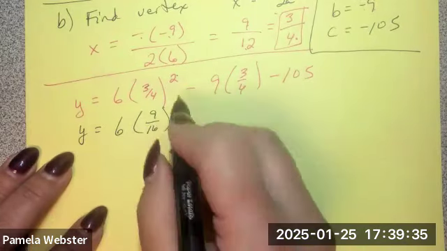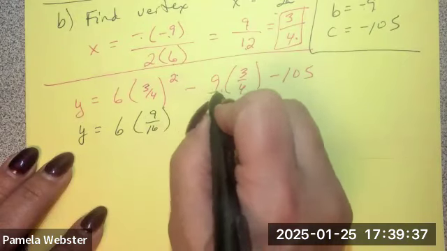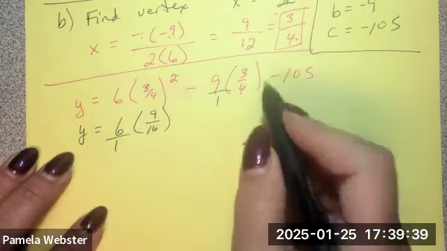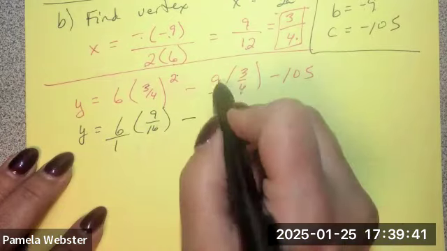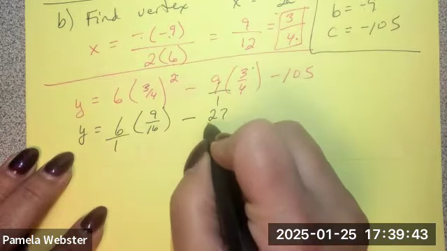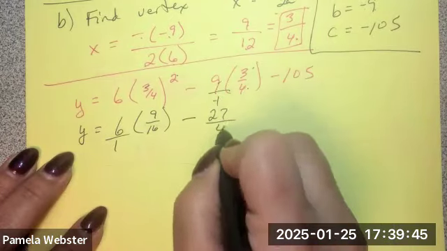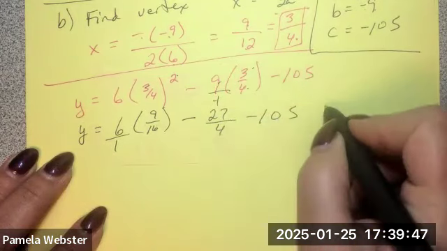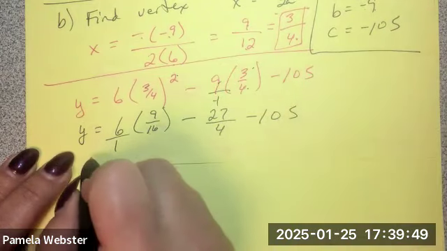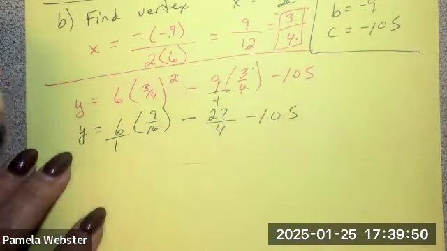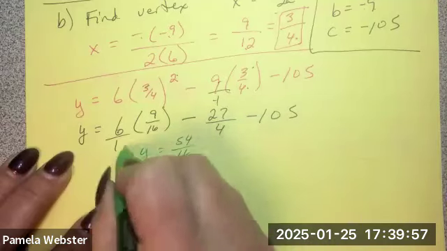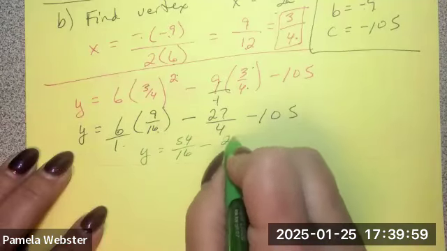Square the top, square the bottom. And again, I can write both of those over 1. So minus 9 times 3 is 27, 1 times 4 is 4, minus 105. Let me make that one step better. y equals 6 times 9 is 54 over 1 times 16 is 16.